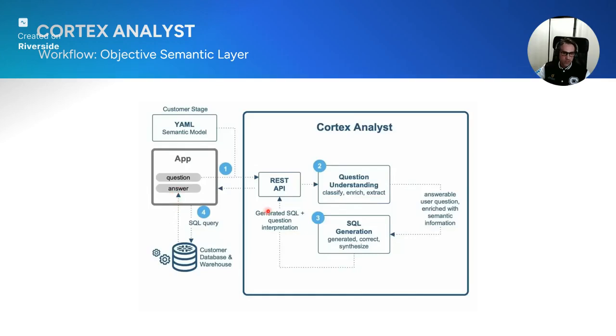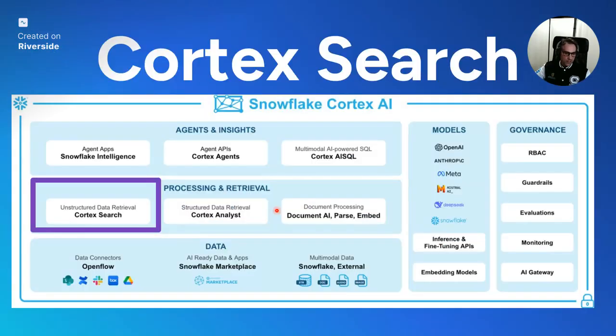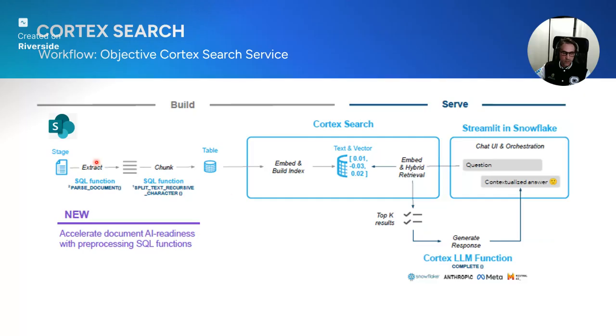Okay, so Cortex Search is basically the way to get text information and put it in a service, in a vectorized database, in order to provide the service of retrieval of unstructured information.